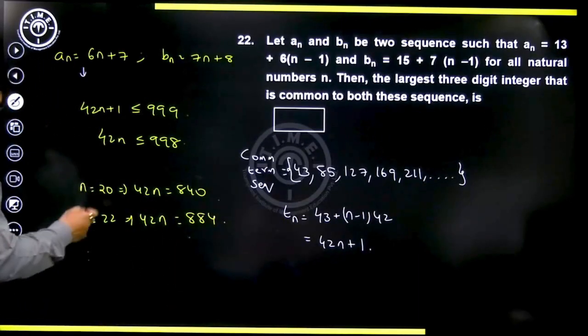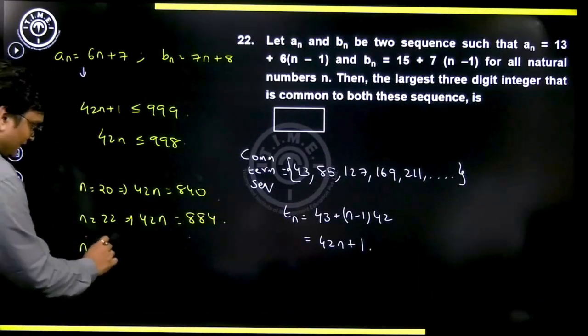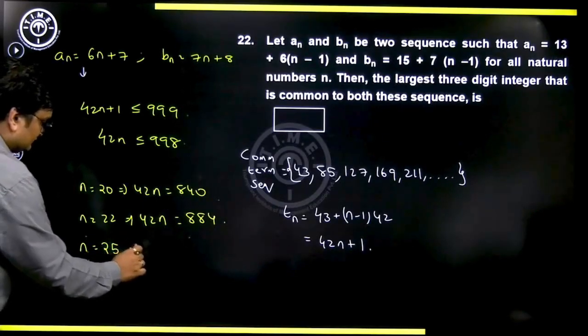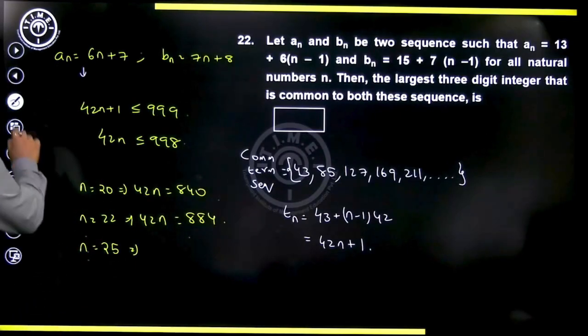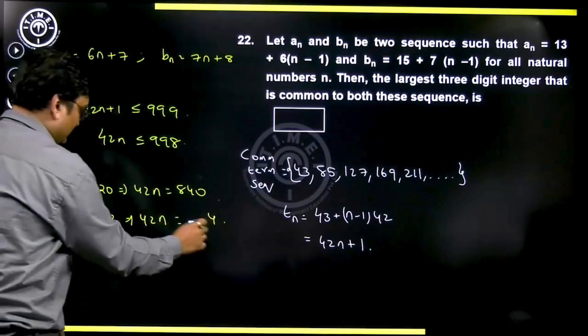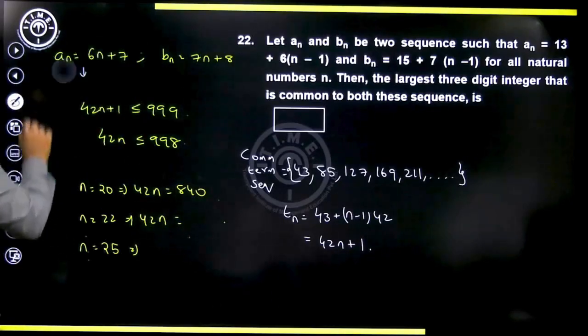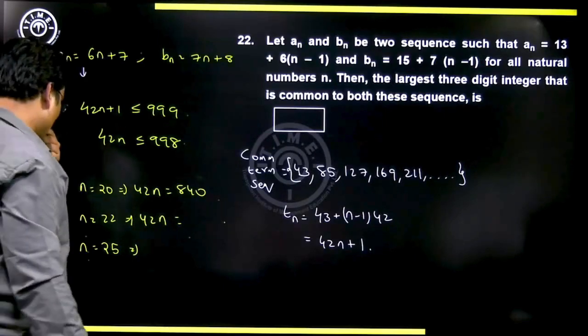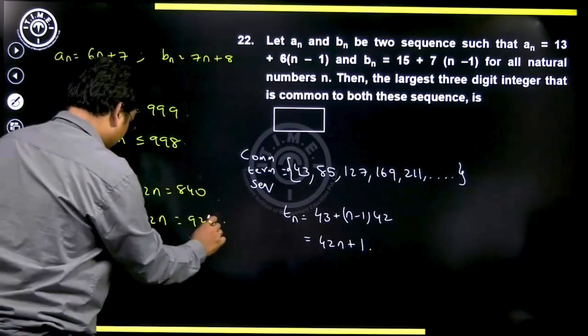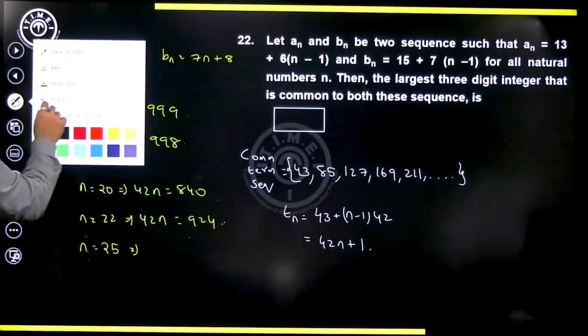Let's go further. If I put n equal to 25, that will be too high, I think. One second. 42 into 20 is 840, and 42 into 22 will be 924. Put n equal to 23.